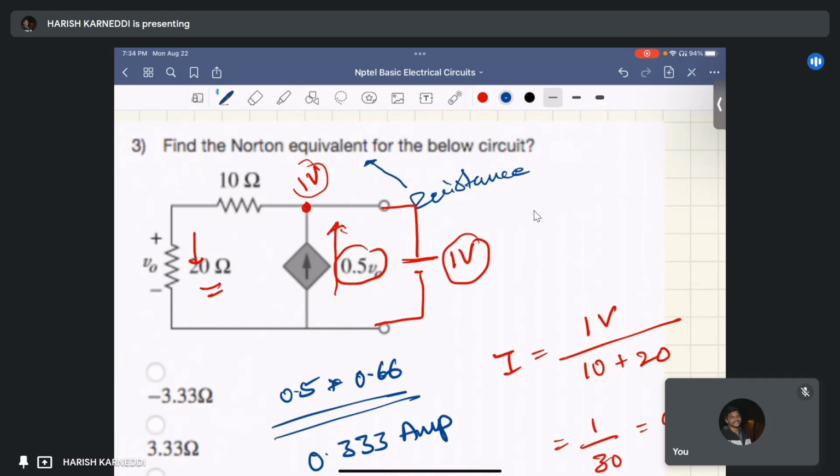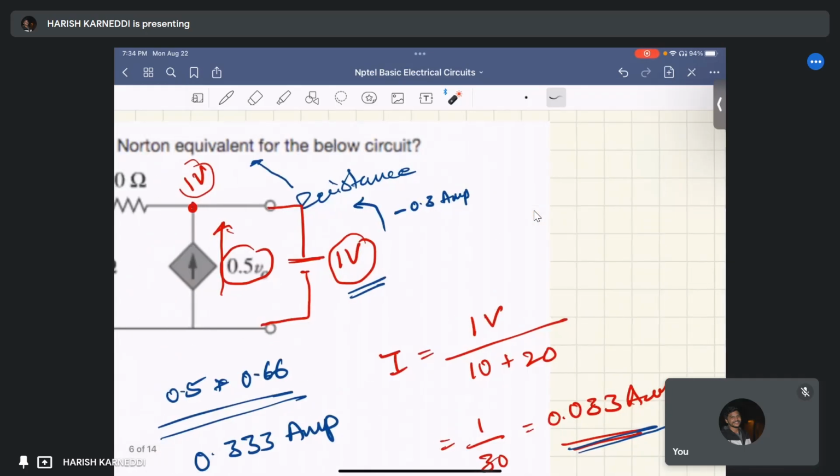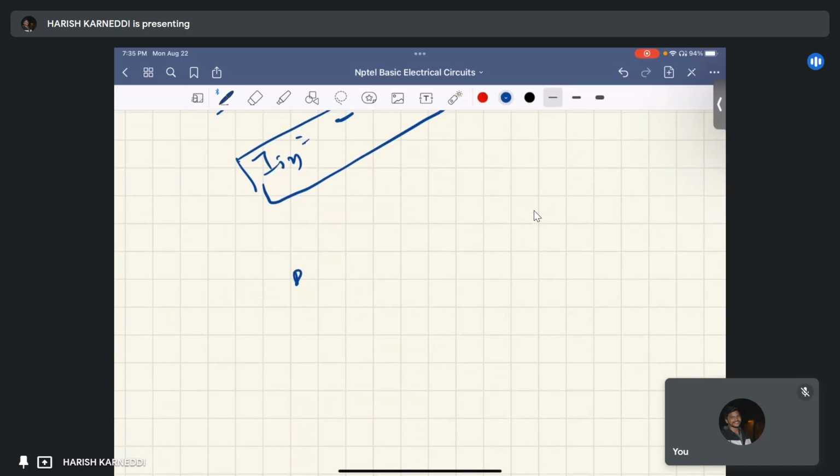Here we applied a 1 volt source, and this complete network is drawing a current of minus 0.3 amperes. From Ohm's law we can find the resistance of this network, which is simply V by I. The voltage we applied is 1 volt, and the current drawn from the 1 volt source is minus 0.3 amperes.